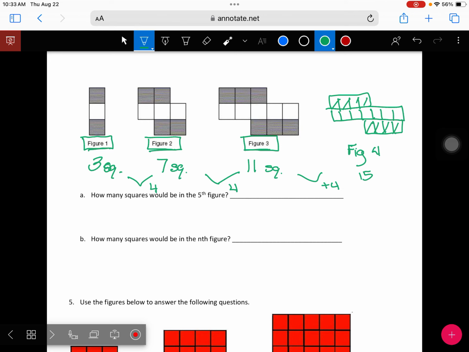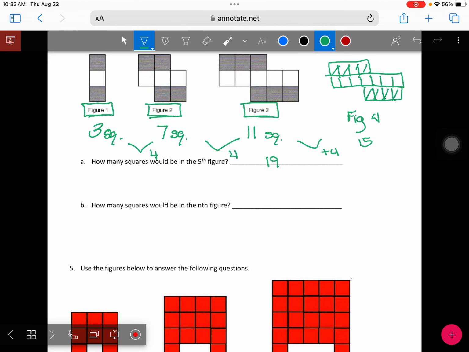So how many would be in the fifth figure? 19. How many squares would be in the nth figure? Have you found any kind of a pattern? Take a look at your figure number.